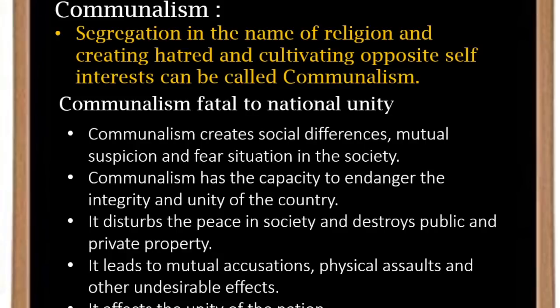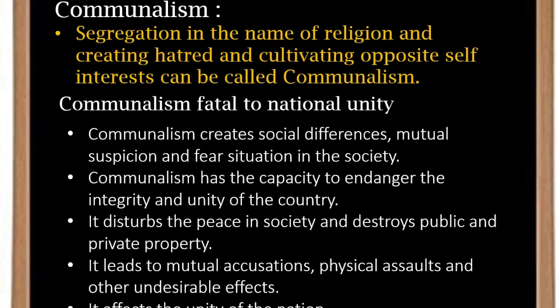Because communalism creates social differences among people in a society. Mutual suspicion. When we start suspecting, doubting people of other communities, other religions, it leads to a fear situation in the society. Therefore, communalism is very fatal, very dangerous to national unity.